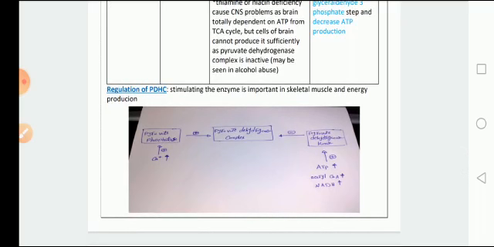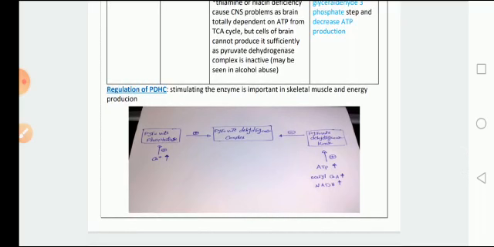Why does calcium activate pyruvate dehydrogenase complex? Because I require pyruvate dehydrogenase complex to work in order to produce ATP by TCA and ETC. Since the presence of calcium in the cytosol means that the action potential has reached the muscle and it needs to contract now.